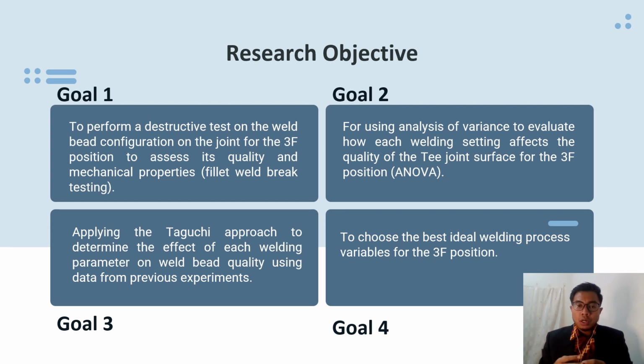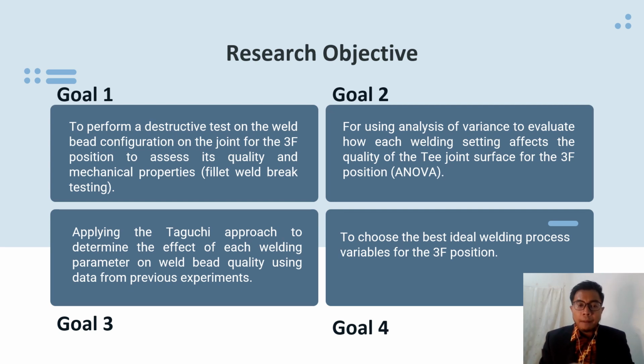Research objective number two is to use analysis of variance to evaluate how each welding setting affects the quality of the T-joint surface for the 3F position. Then we are going to use ANOVA.